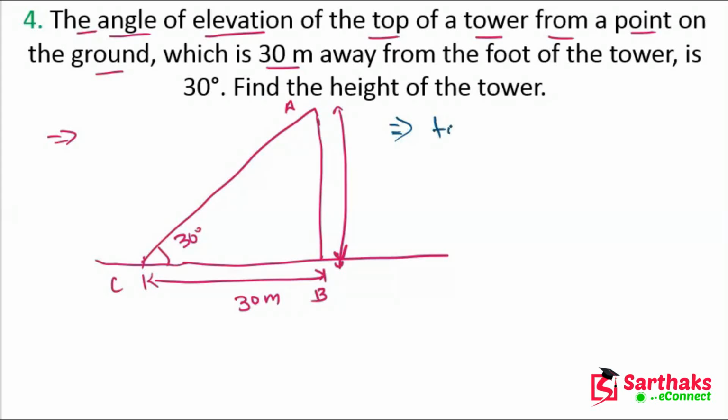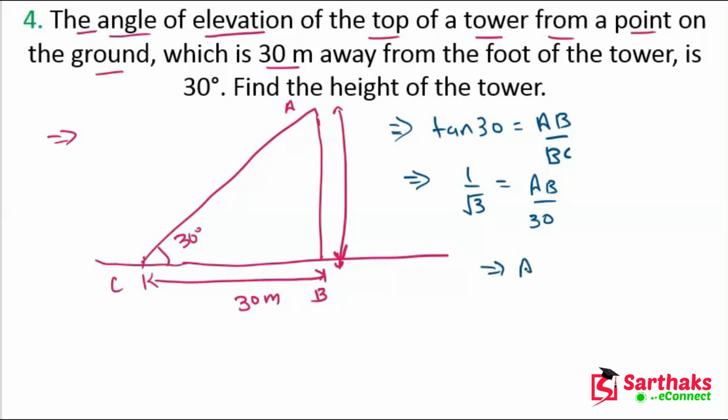How? We know that tan 30 equals AB upon BC. So the value of tan 30 is 1 upon root 3, and we have to find AB, and the value of BC is 30. Now AB is equals to 30 upon root 3.